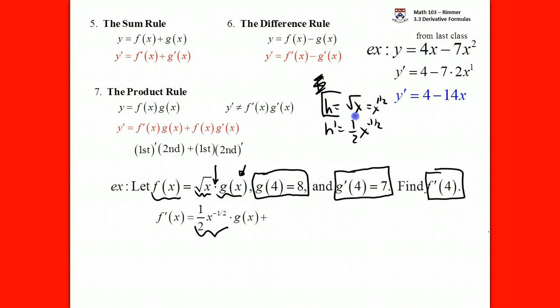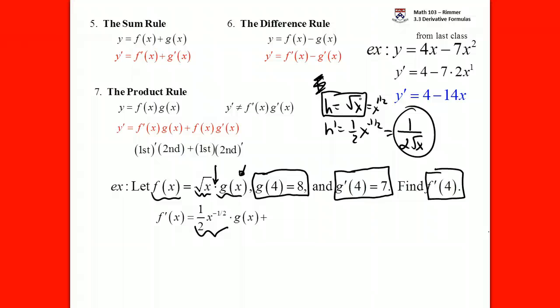I want you to get to the point where you can skip right to the simplified version of this. It comes up so much that you'll just remember it. If somebody ever asks you to take the derivative of the root x, you respond with 1 over 2 root x. And you skip the whole power rule. Because it comes up so often. Maybe not at first, but eventually I want you to get to the point where you're able to just skip right through the product rule and get right to the answer.